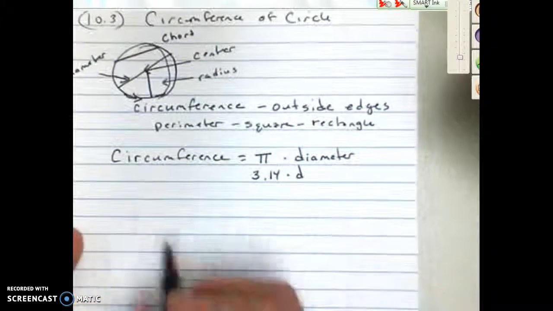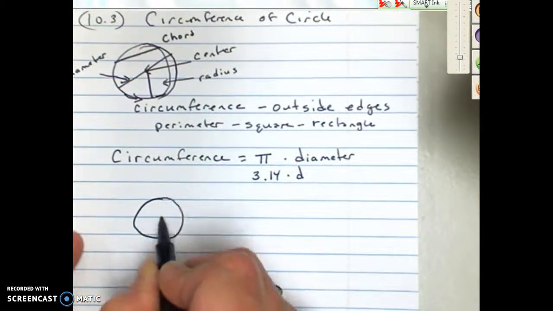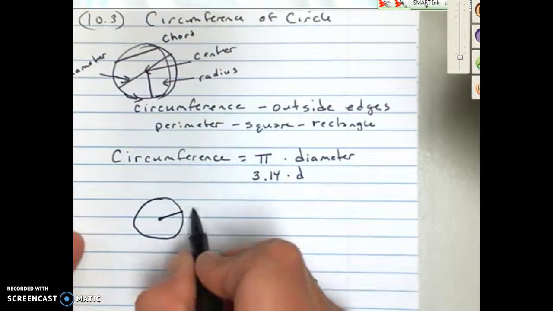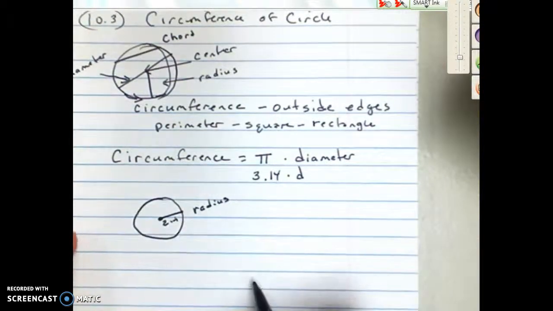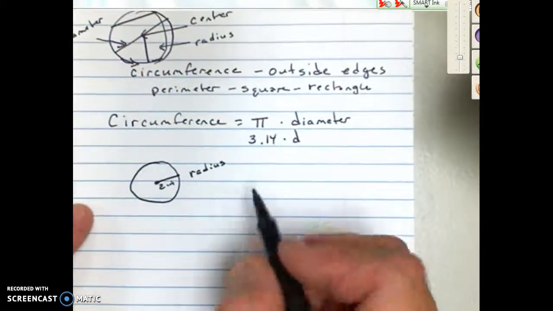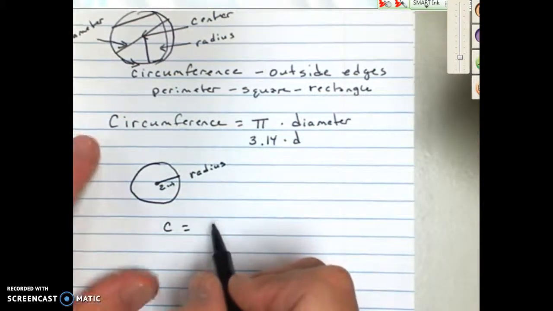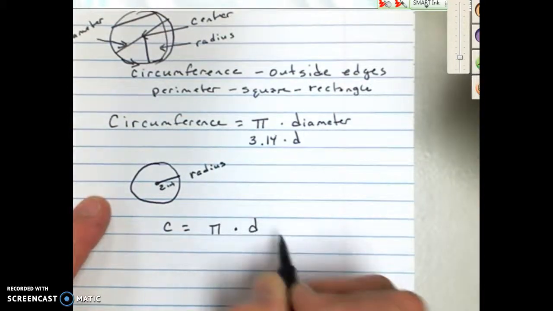So here's how it works. If we have a circle, draw the circle, and let's say we have a circle that has a radius that equals 2 inches. We're going to put our formula: C means circumference, is equal to pi times diameter.